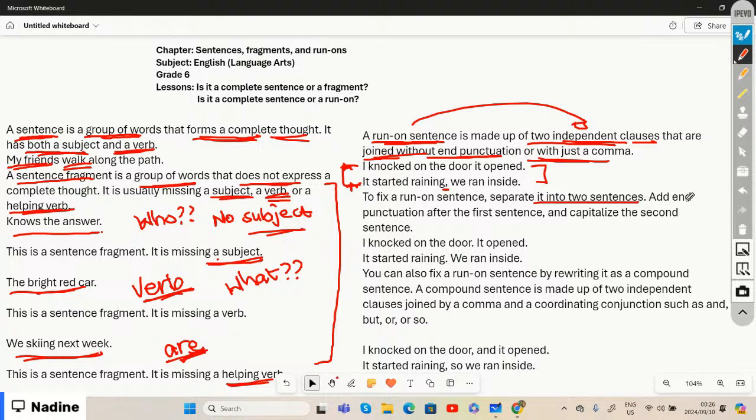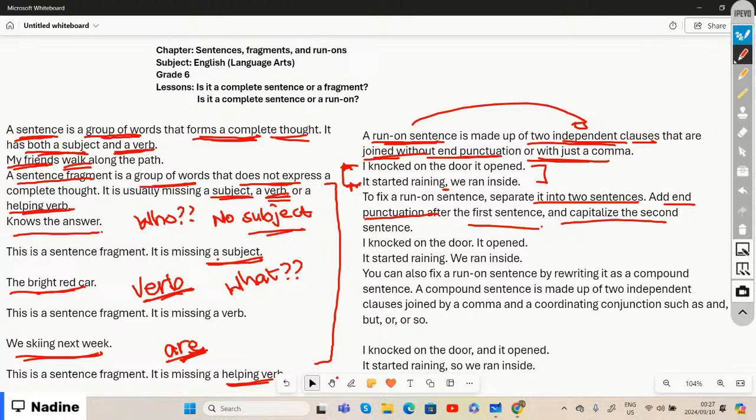We add the end punctuation, which is either a period, an exclamation point, or a question mark, after the first sentence, and then we capitalize the second sentence and end it off with end punctuation.